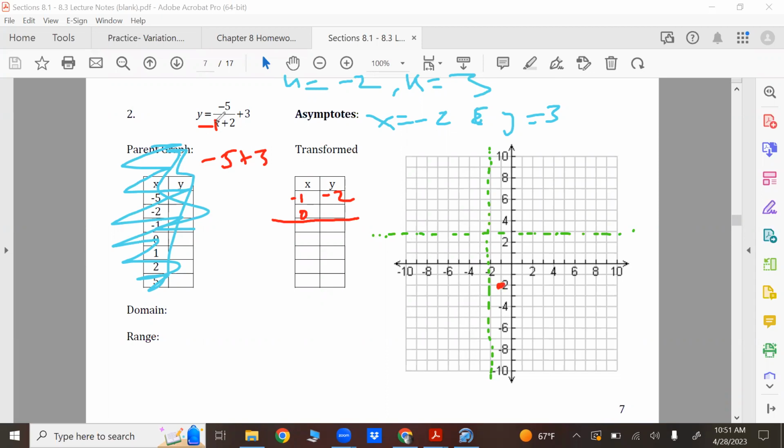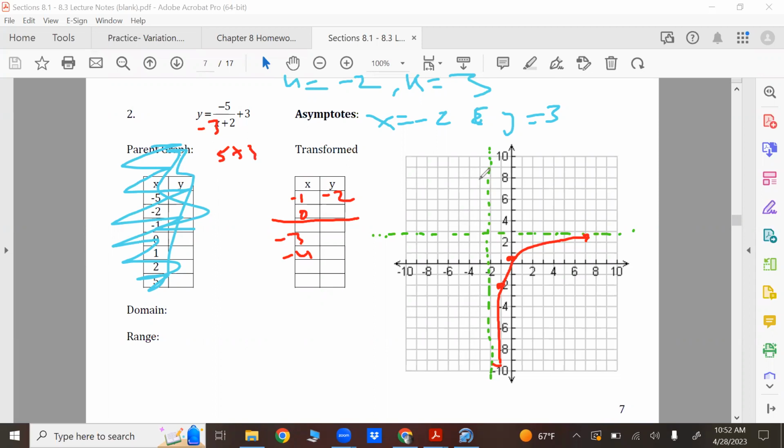If I plug in 0, what do I get? Yep, you get 1/2. Very good. So I know the curve is going to look like this. Ultimately, it's going to curl up towards the horizontal asymptote. Now, when we plug in some values to the left of the vertical asymptote, let's do -3 and maybe -4. If I plug in -3, I get 5 + 3, which is 8.